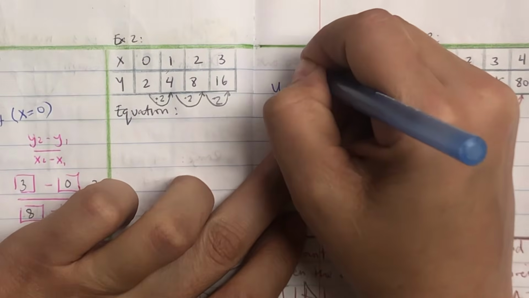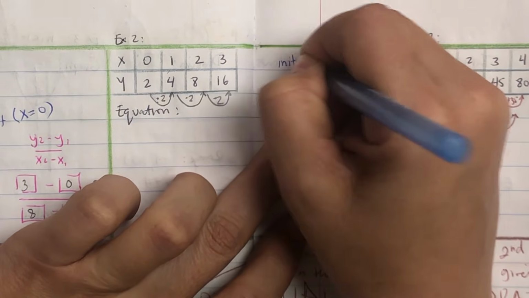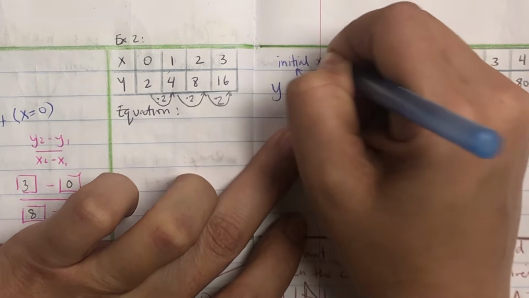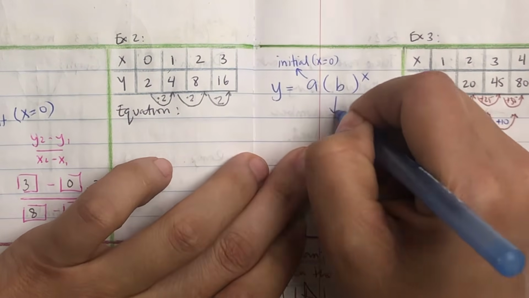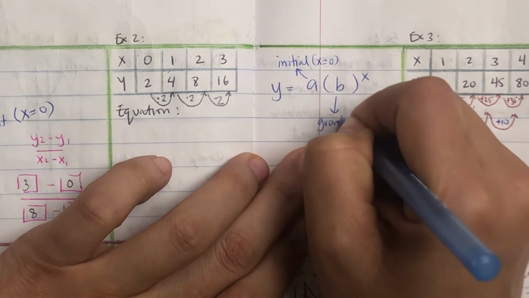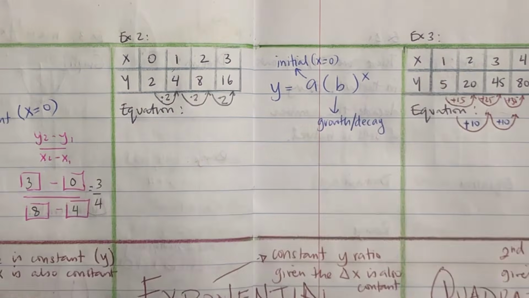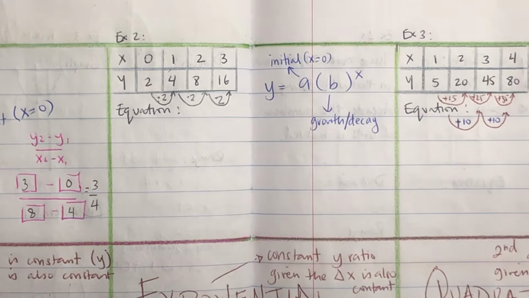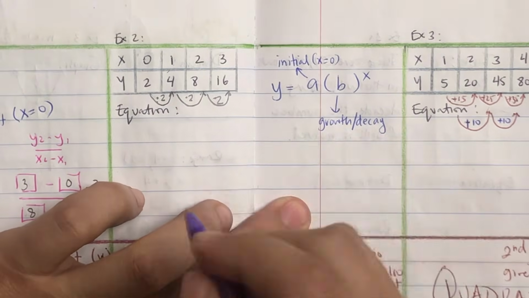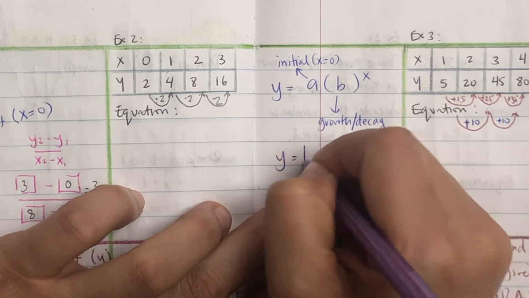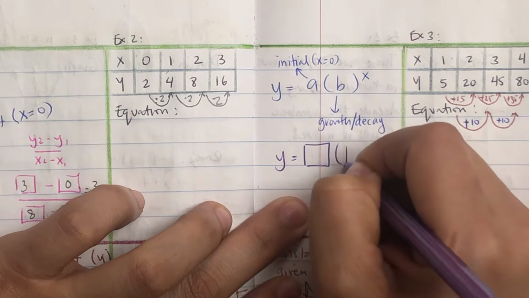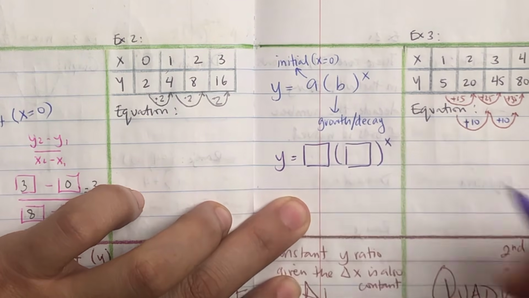A is what? Initial. And what's always initial? When x is equal to 0. B is your growth or your decay. And x is x. So again, you copy it down with just boxes. So you have y equals box, parentheses, box to the power of x.